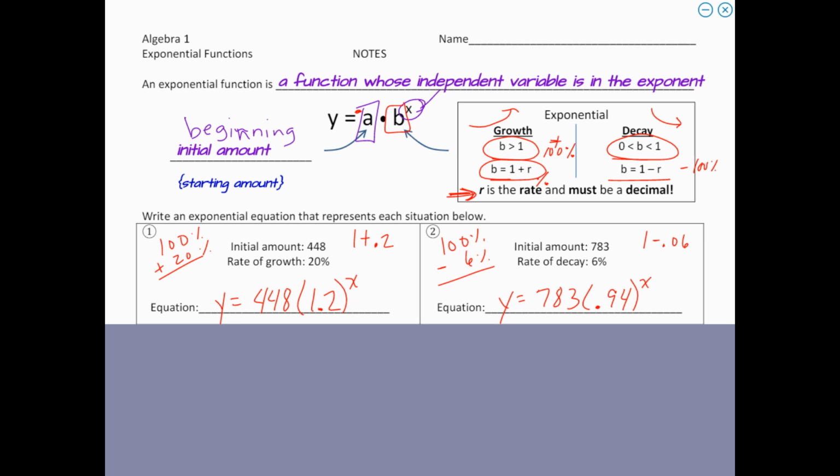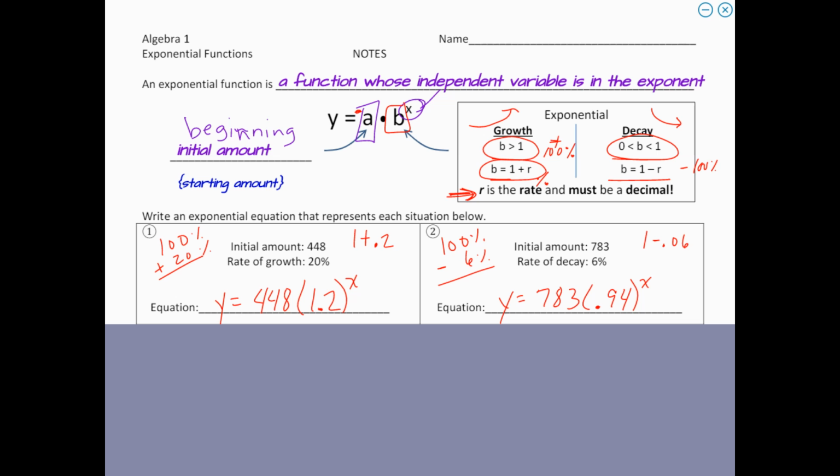Is breakfast ready? Is it supposed to be like this? I don't know. Right here, when it's a percentage, you gotta use this.